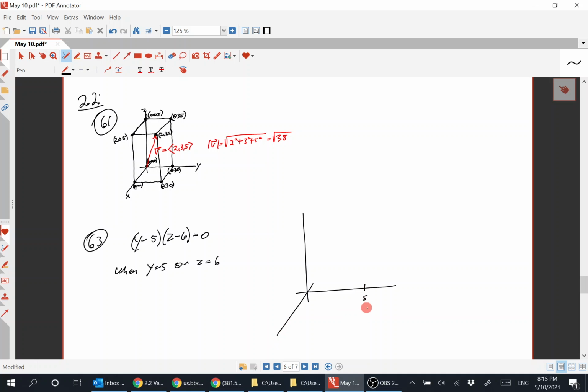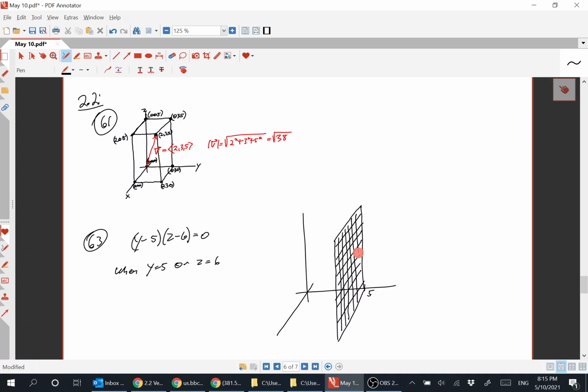Here's 5 on the y-axis. In 2 dimensions, when you say y equal to 5, it's all the 2-dimensional pairs (x, y) where y is equal to 5. Here, this is all of the triples (x, y, z) of the form x anything, y equal to 5, z anything.